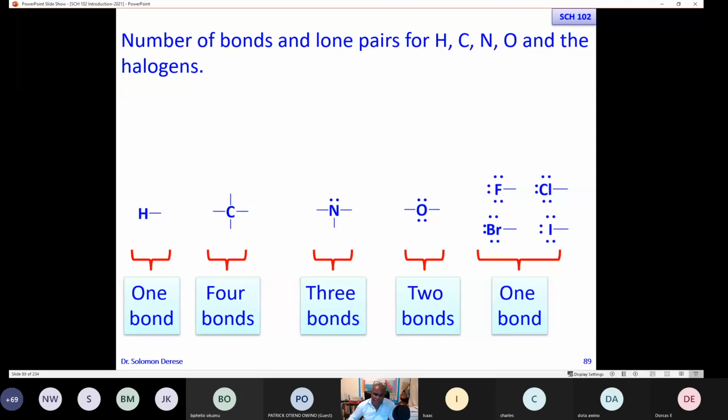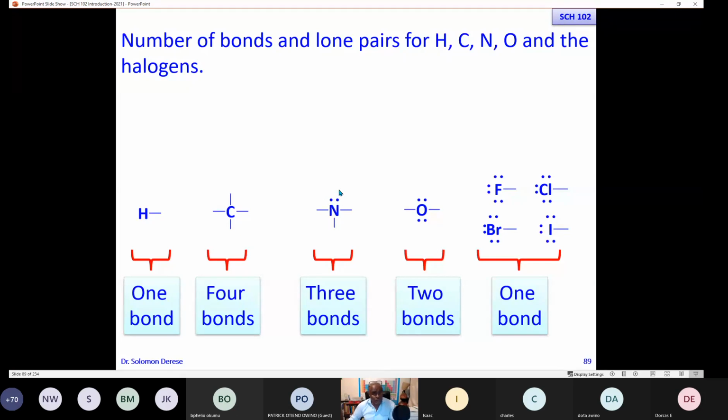Now, what makes these elements, nitrogen, oxygen, and the halogens, the elements that are found further from carbon, nitrogen, oxygen, and fluorine, is that in addition to the electrons that are involved in chemical bonding, they also have electrons that are not involved in chemical bonding.